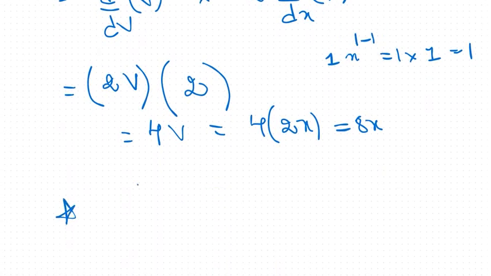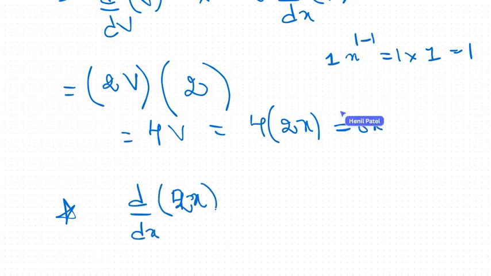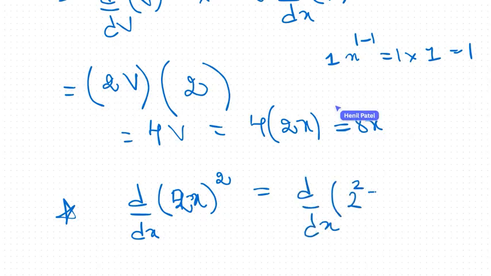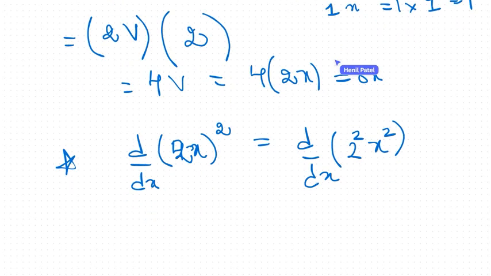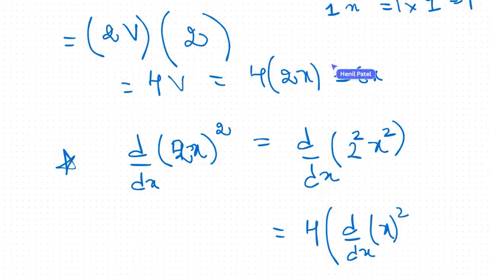One alternative method is, for this question specifically, the question was about 2x whole square, right? So I told you we can take out the numbers. So 2 power 2, 2 square you can take out like this. First you can write like this, 2 square x square, and out. So 2 square comes out, 4 into d by dx of x square.